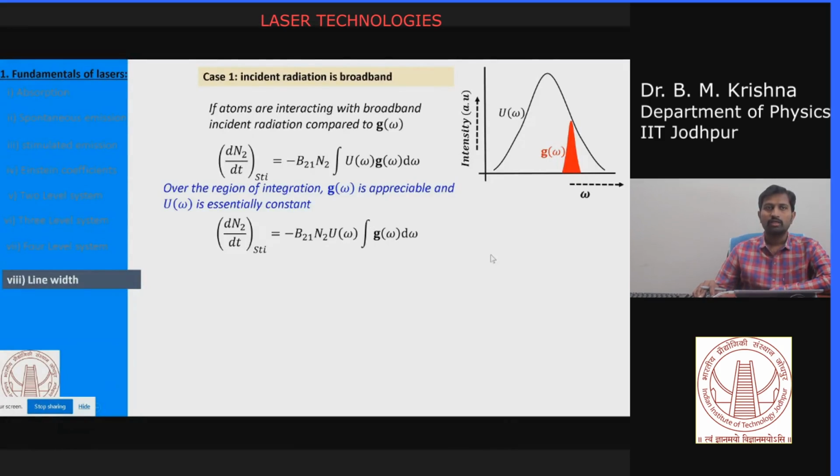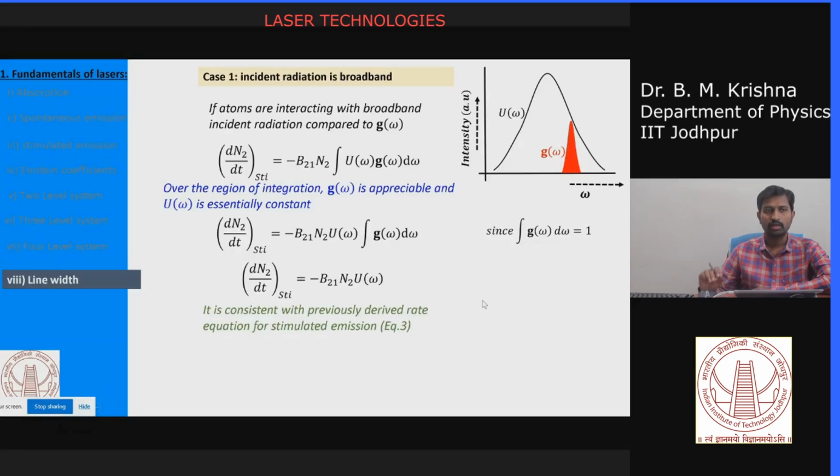And we know that the line shape function over the whole area, the integration of g of omega d omega, gives 1. That means the total probability should equal 1. So dN2 by dt equals minus B21 N2 U of omega. This is consistent with our previous result, derived from our rate equations, which is equation number 3 if you refer back.